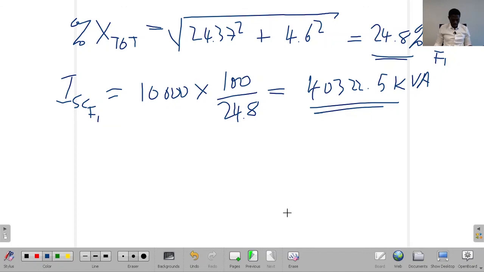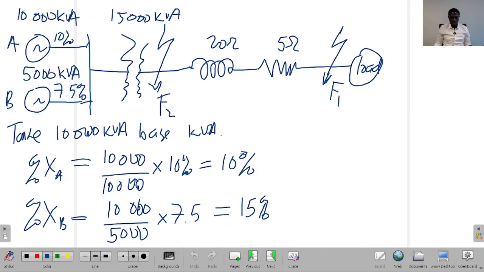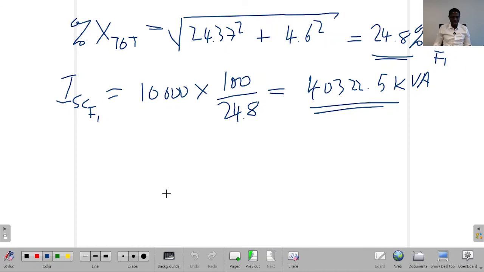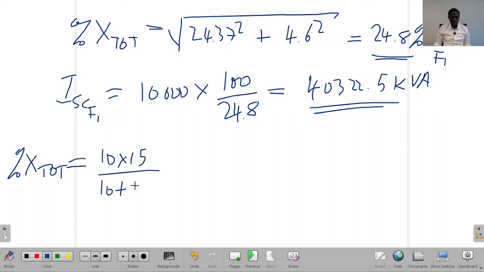If we want to look at the fault up to point F2, we come to this phase diagram and see that up to this point, the only reactance that we have is the reactance from the alternators. And this is what we are going to consider. The total reactance is only the reactance from the alternators, which is 10 by 15 over 10 plus 15, giving us a total reactance of 6%.